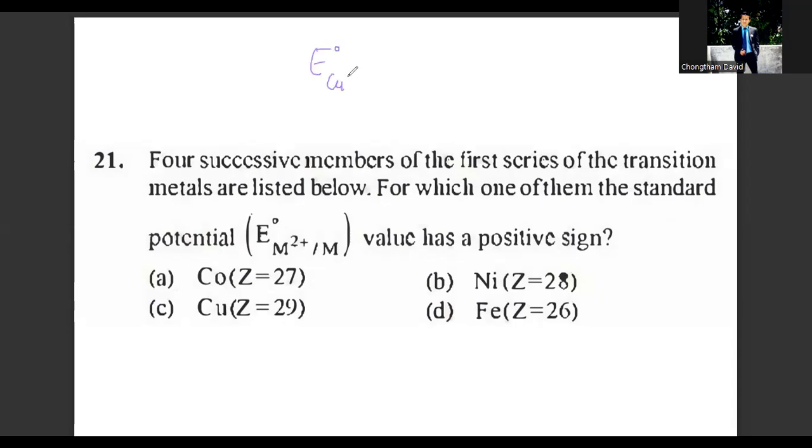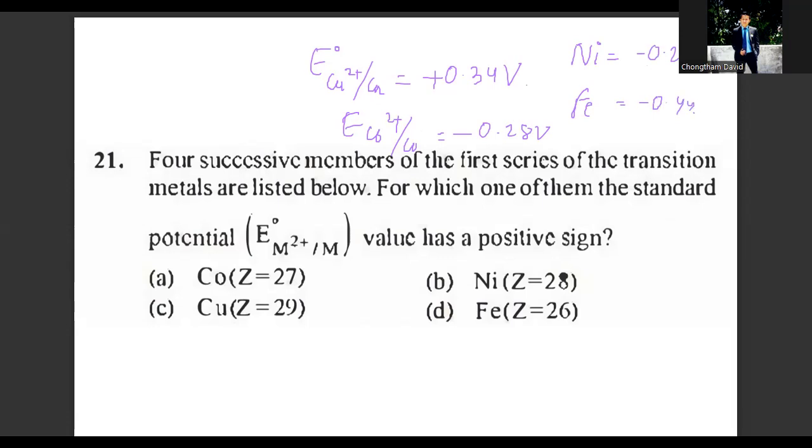The standard reduction potential for copper is 0.34, and the others have a negative reduction potential. Whereas for cobalt 2+, it has minus 0.28 volt. And for nickel, I'm going to write here for short, minus 0.25 volt. And iron, it is minus 0.44.